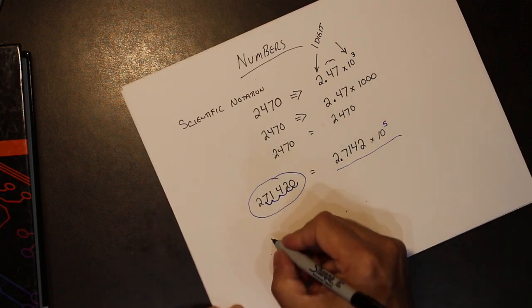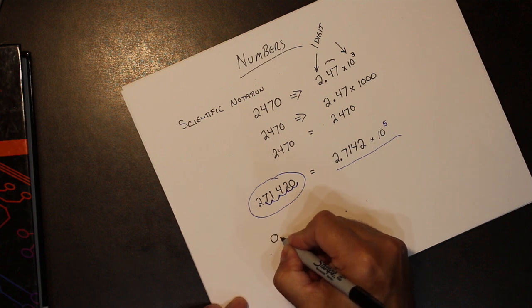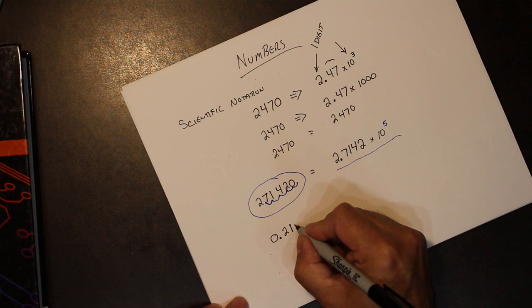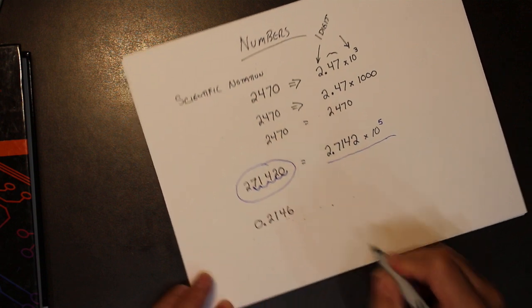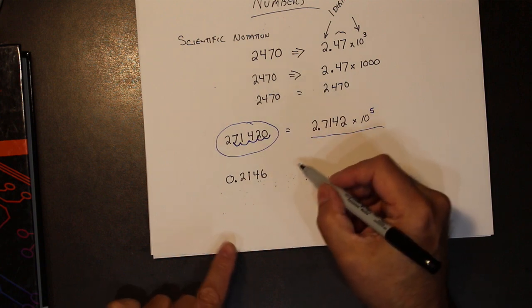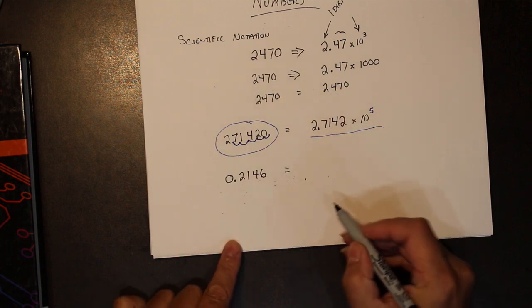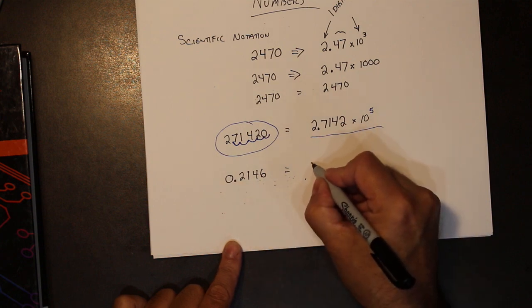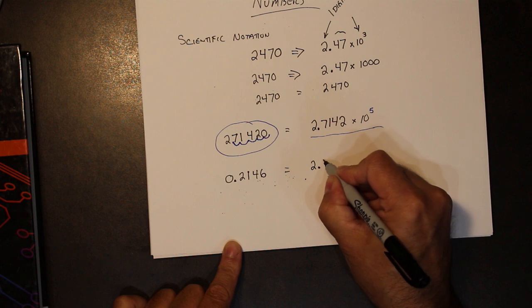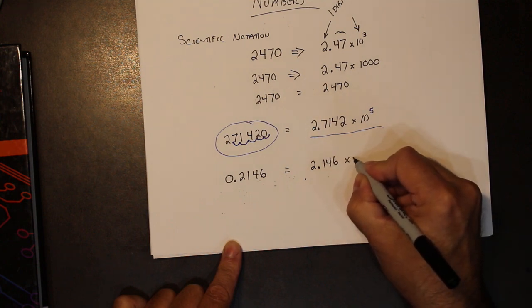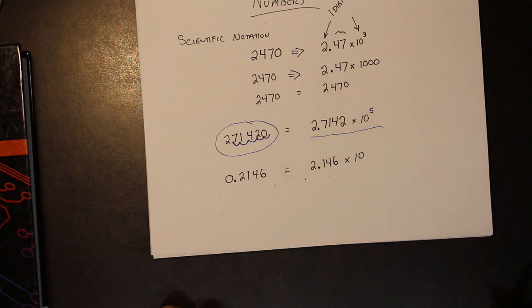What if I did 0.2146? As far as the scientific notation goes, again, I need one number to the left of the decimal, so that becomes 2.146 times 10 to the something.